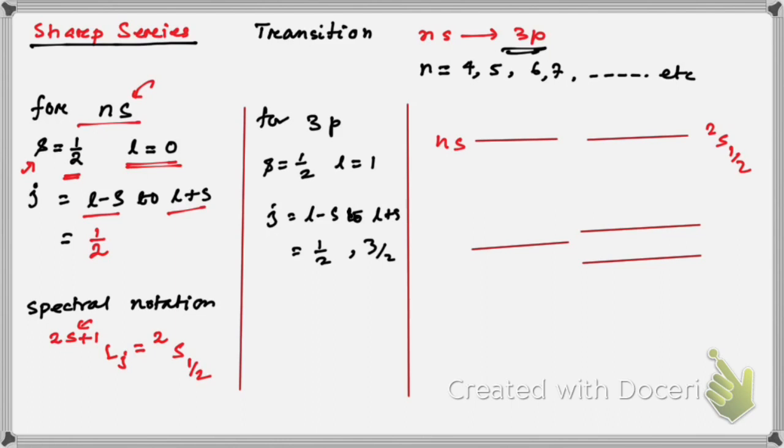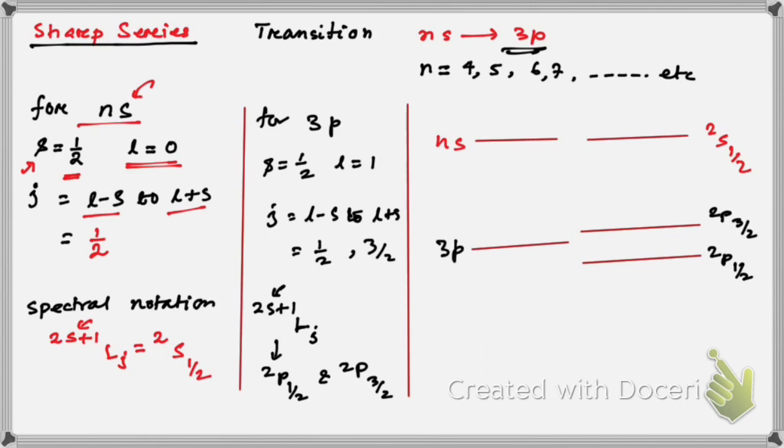In spectral notation 2s plus 1 L J, with s equal to half, you get 2P half and 2P 3 by 2. So the higher one is 2P 3 by 2, and the lower one is 2P 1 by 2, and this is nothing but 3p.